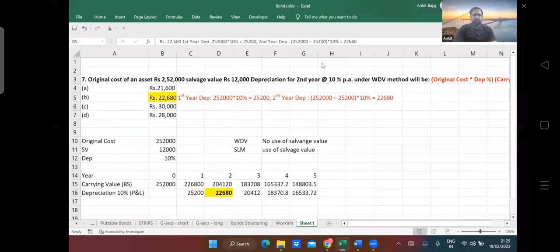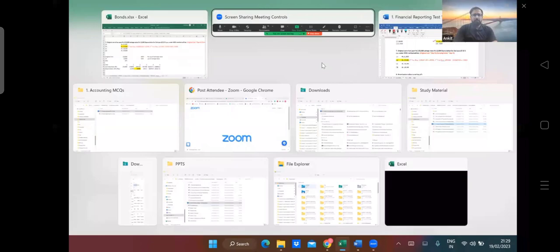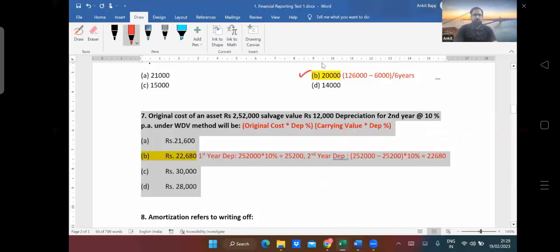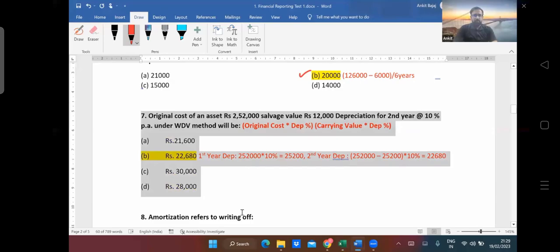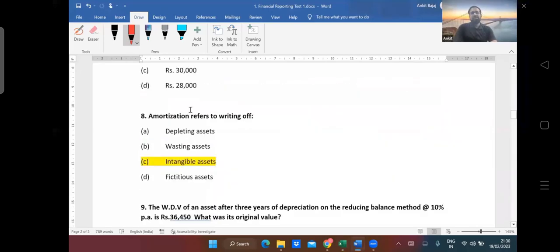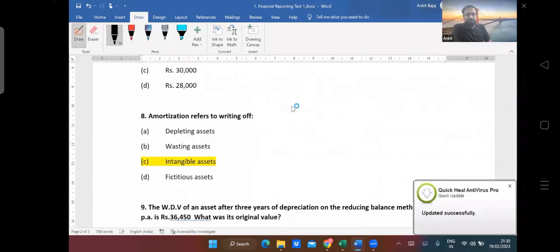Now we will see the questions from the Word file. We have discussed question number 7. Now, amortization refers to written off. We use depreciation and amortization at the same time, right?